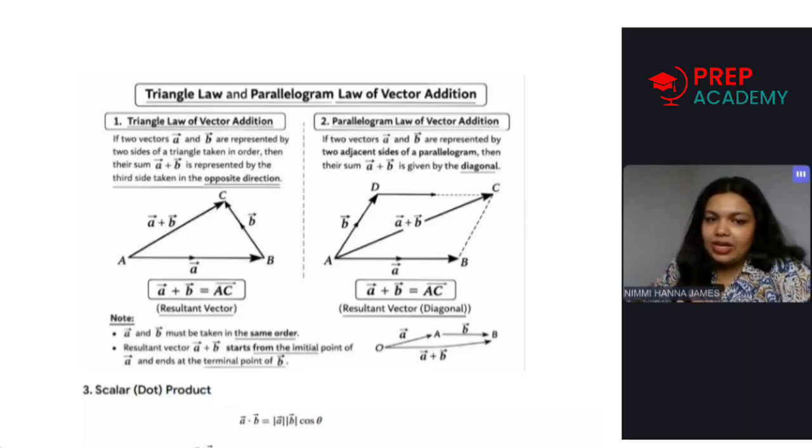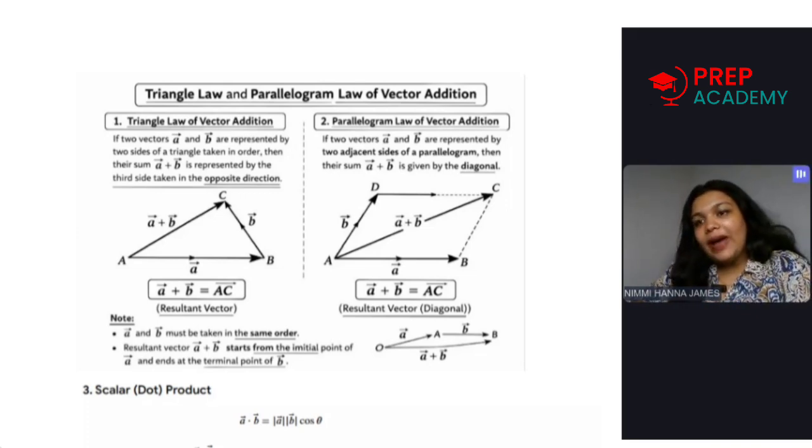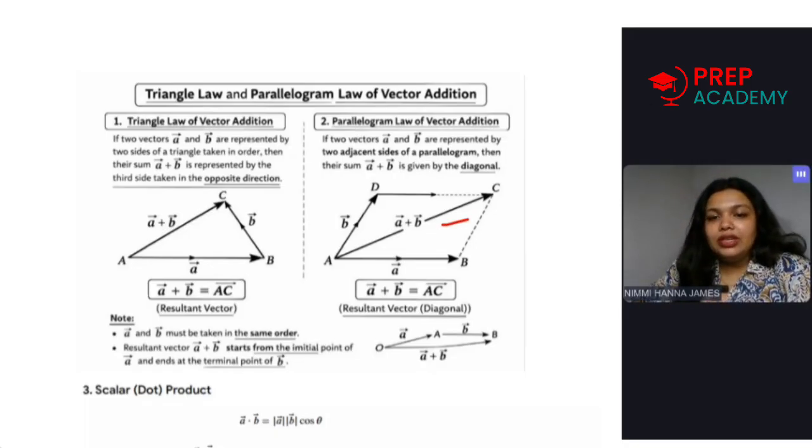A vector plus B vector gives the third side. Similarly, in a parallelogram, if we have two adjacent sides A vector and B vector, then the diagonal can be found using A plus B vector. That's what we mean by triangle law and parallelogram law of addition.